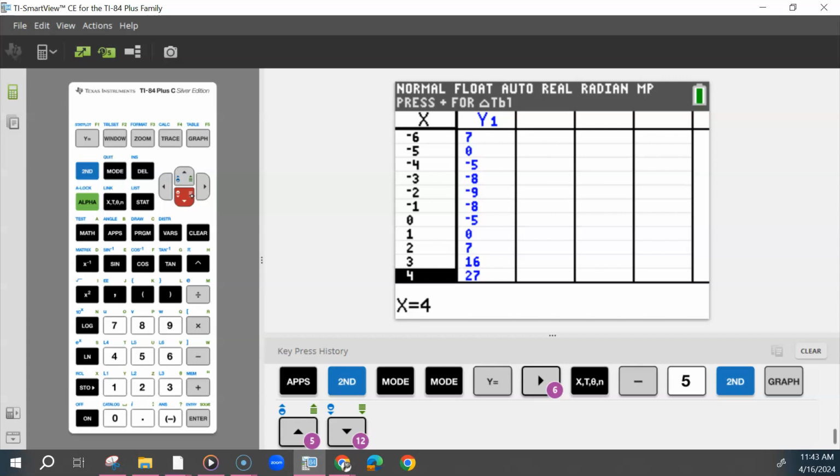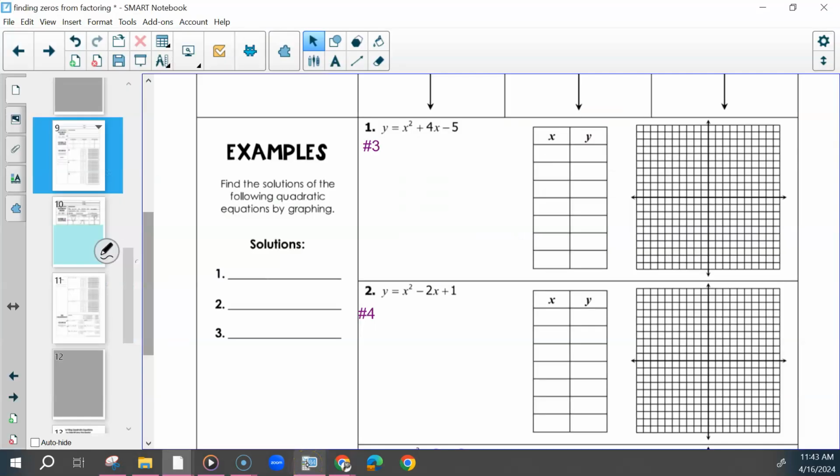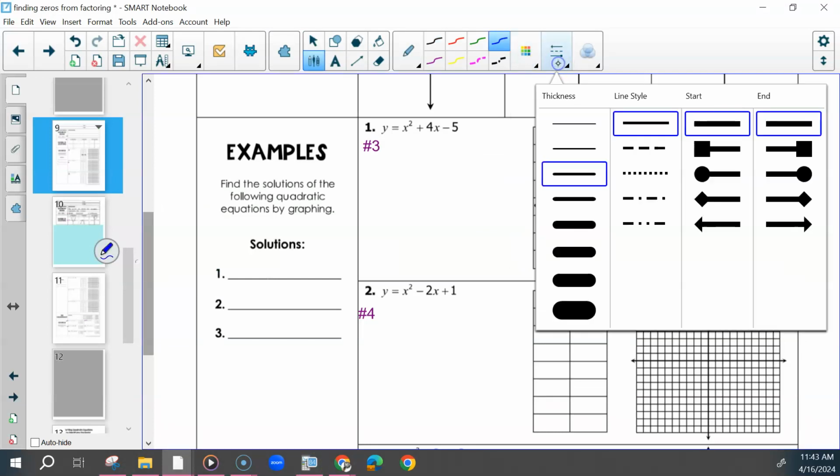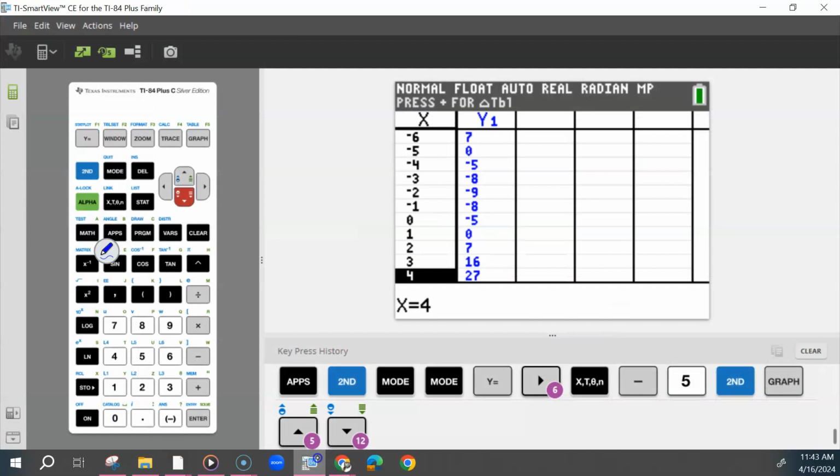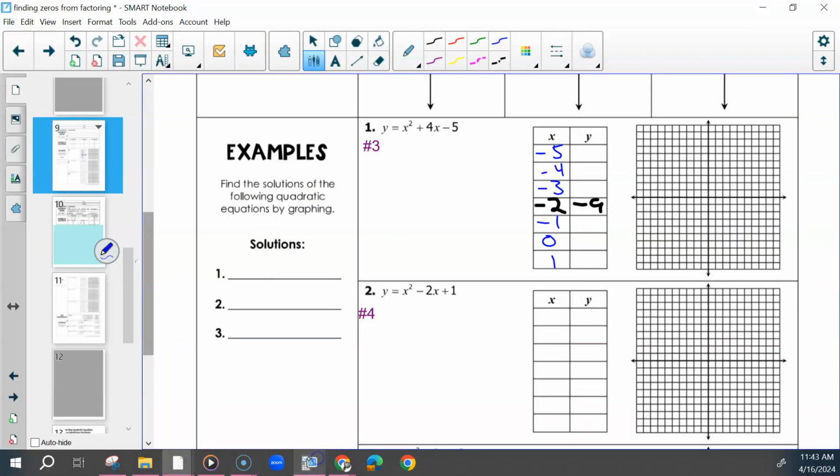At -9. So that would be your vertex, -2, -9, in the middle. You can fill out your x's and then your y's from the table. If I get half of it, because it's symmetric, the other half should be the same. So -9, -8, -5, 0. And then it repeats.